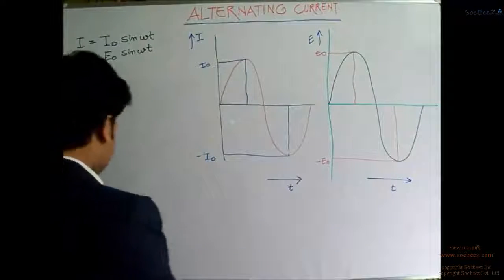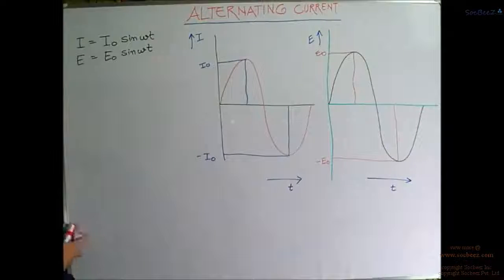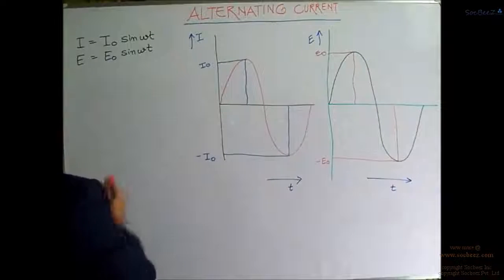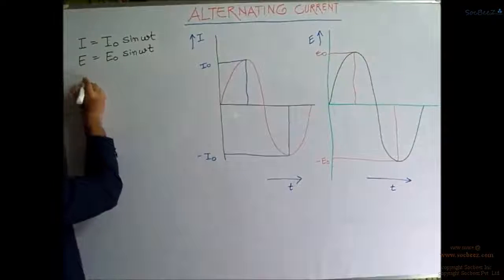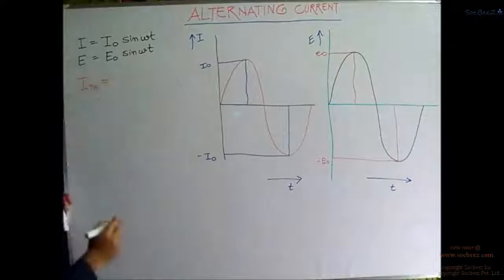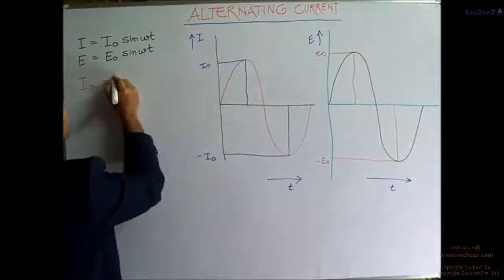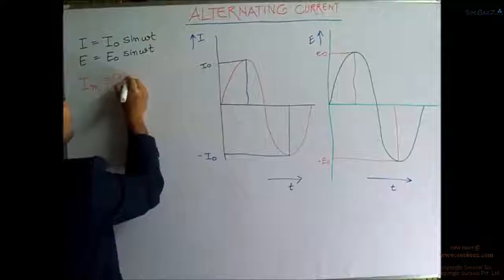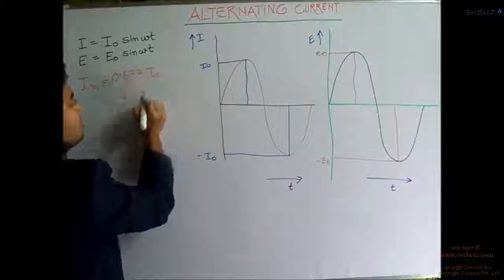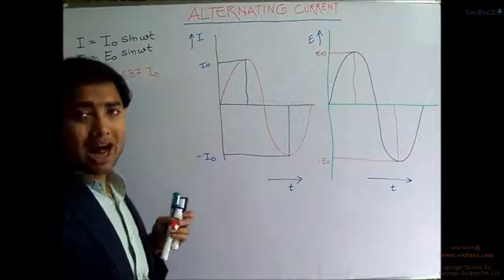Now as we know, for the mean value, Im is equal to 0.637 I naught, right?